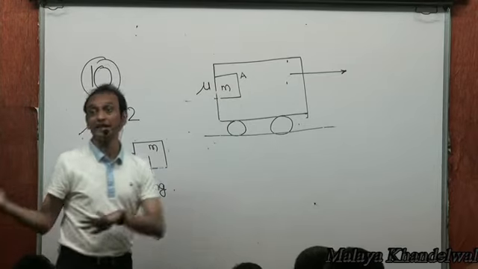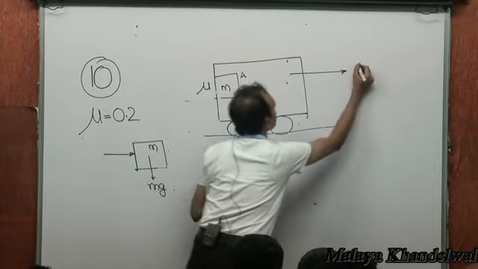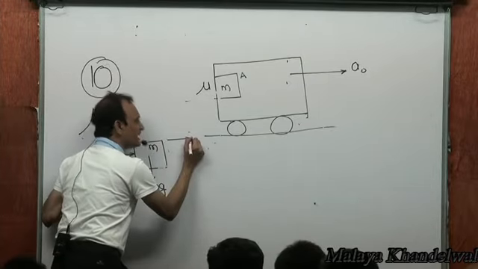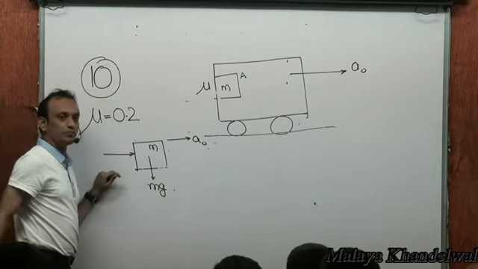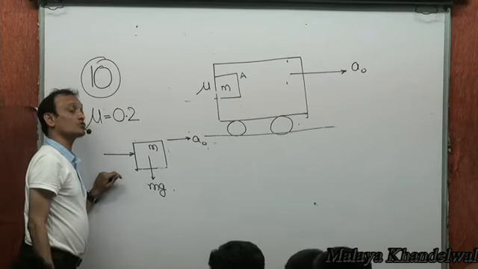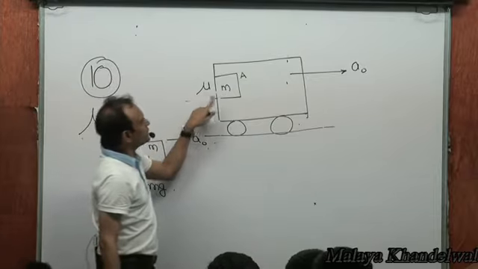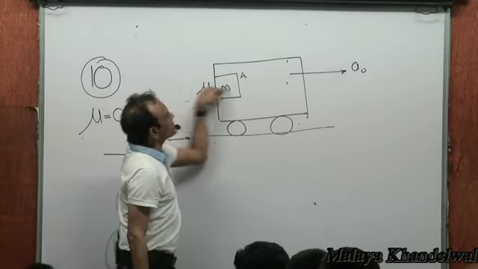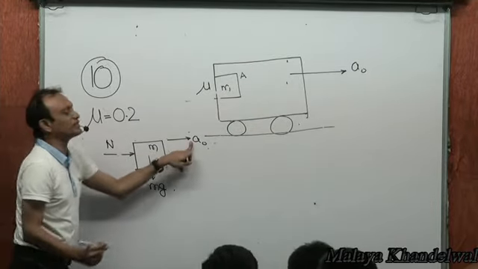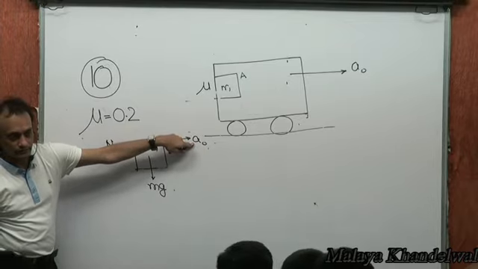If the cart has an acceleration a naught to the right, then small m in the rightward direction, its acceleration component must be a naught. And how does it get this acceleration a naught? The normal reaction N that the cart exerts on the block to the right is instrumental in providing small m an acceleration a naught to the right.